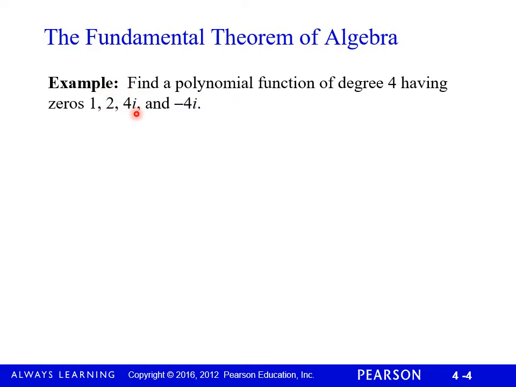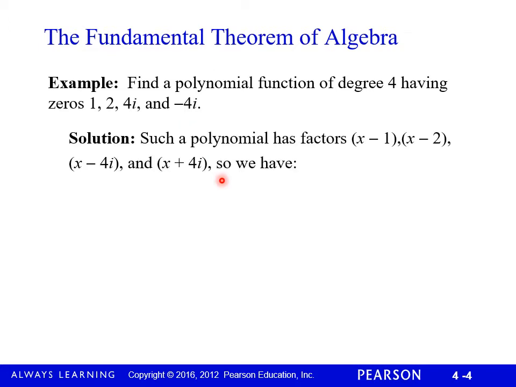At 4i, x minus 4i, and at negative 4i, it would be x minus a minus 4i, or x plus 4i, okay? So such a polynomial has factors x minus 1, x minus 2, x minus 4i, and x plus 4i.